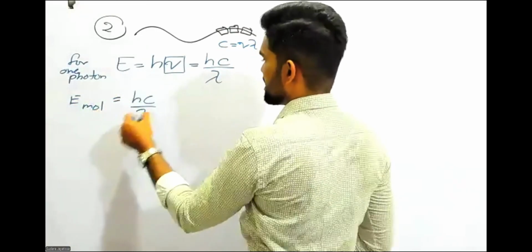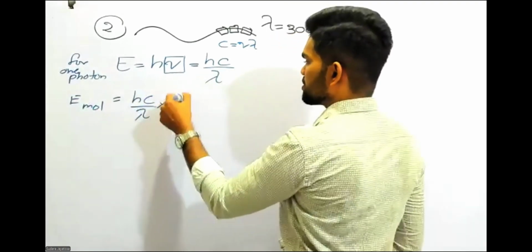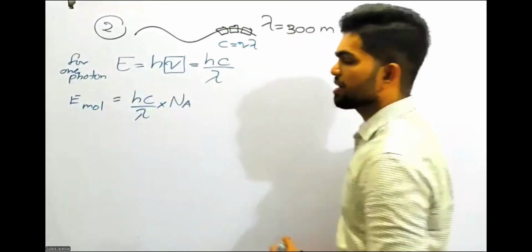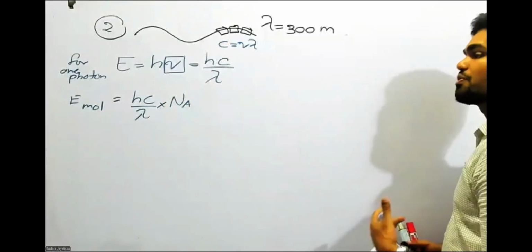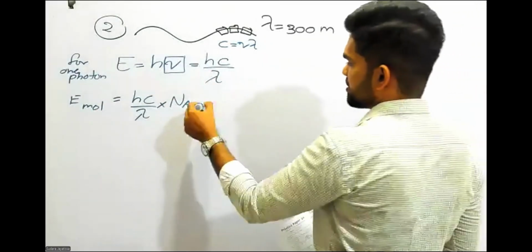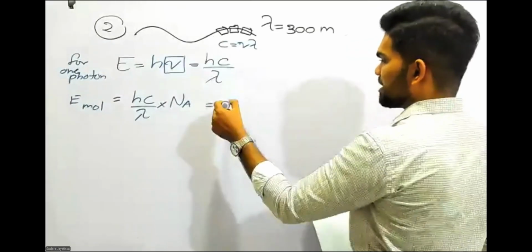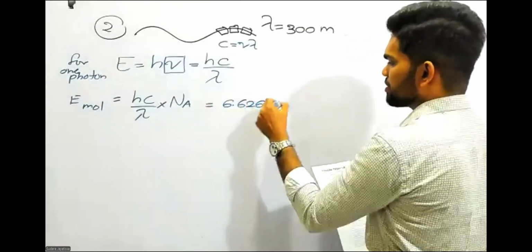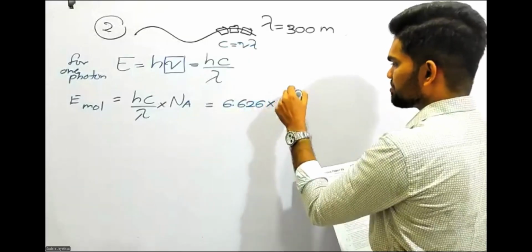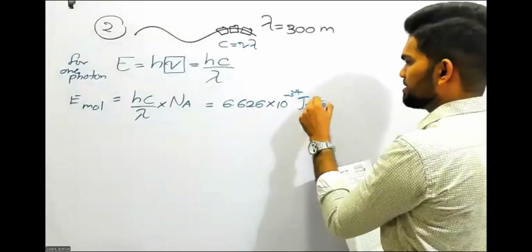Take this hc over lambda, that is for 1 photon. So multiply by Avogadro number. Then you will get the energy of 1 mole of photons. Now only substitute and see. Planck constant 6.626 into 10 to the power minus 34 joule seconds.